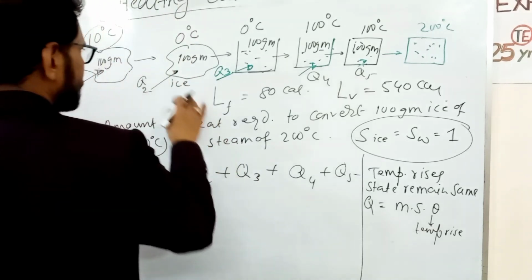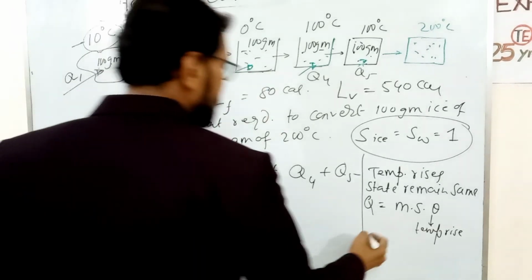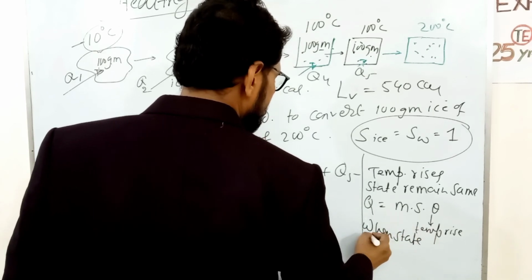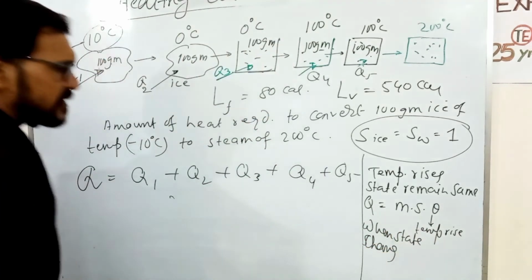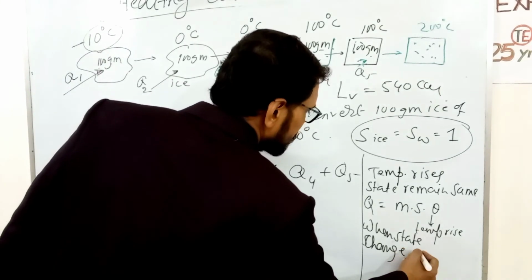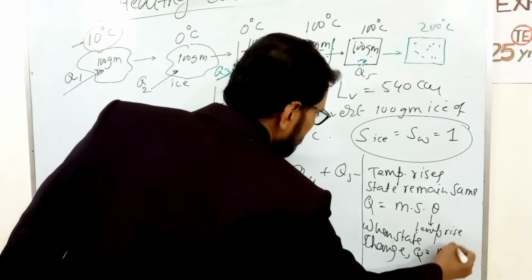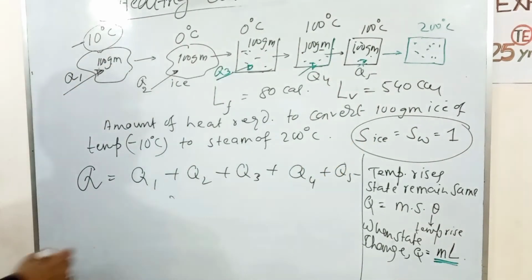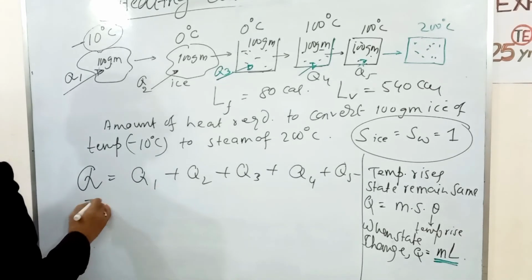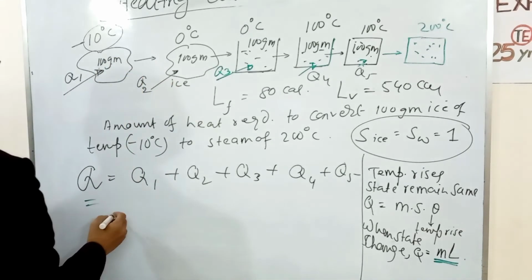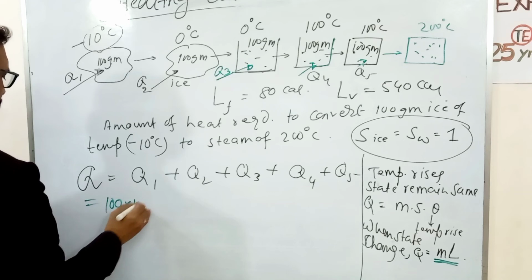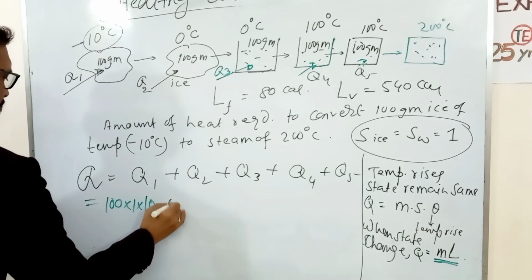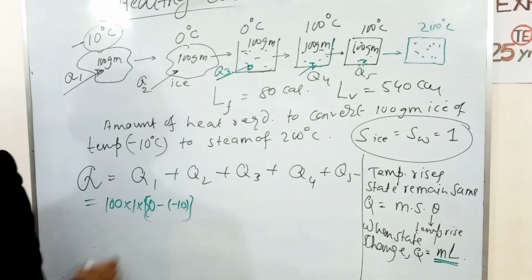And when the state changes, then we use heat supplied equals mass into latent heat. So now Q1 equals m s theta: mass into specific heat 1 into temperature rise 0 minus minus 10. This is the temperature rise.